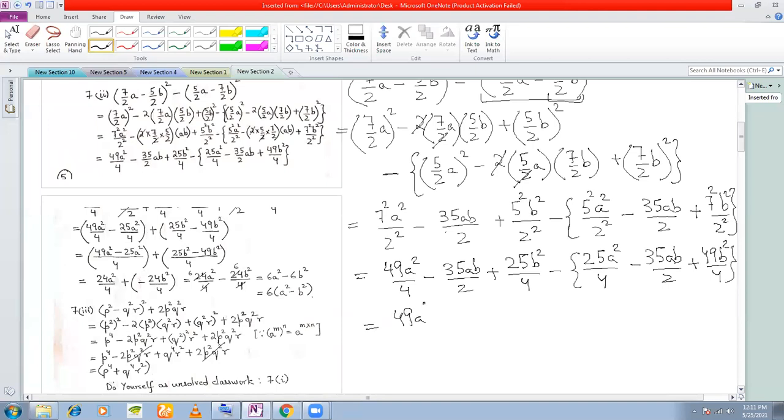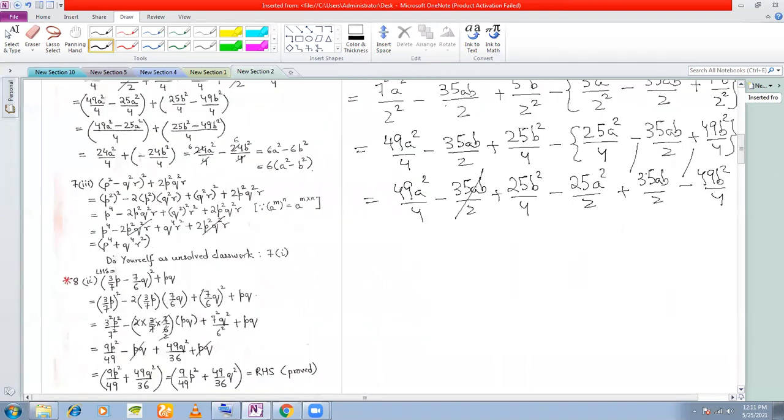So 49a² by 4 minus 35ab by 2 plus 25b² by 4 minus 25a² by 4, and this sign changes to plus, 35ab by 2, this sign changes to minus, 49b² by 4. Now minus 35ab by 2 and plus 35ab by 2 cancel. Now we look for like terms.